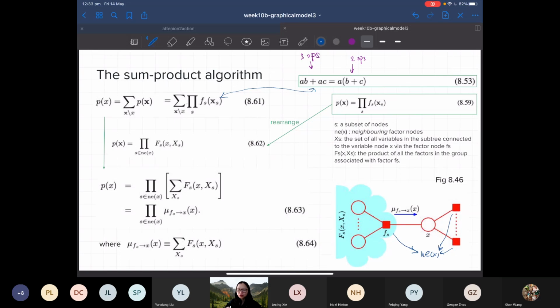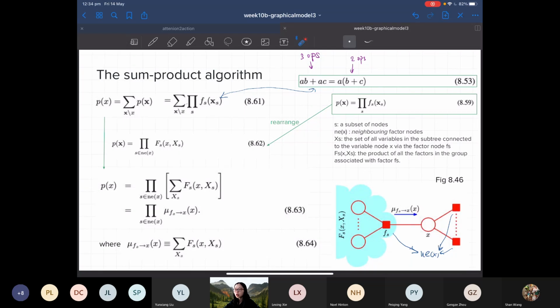So what is this big F then? The big F is the product of all the factors in a group associated with this particular neighbor of X. Remember that a factor graph is bipartite, therefore the neighbors of X can only be factor nodes.